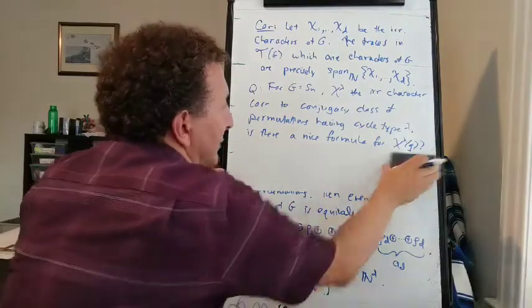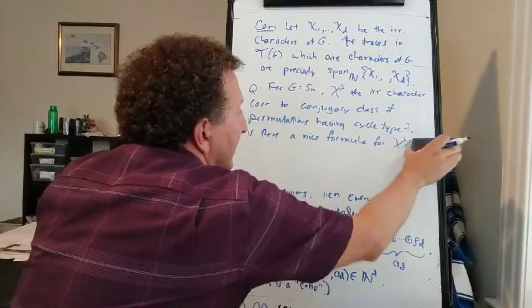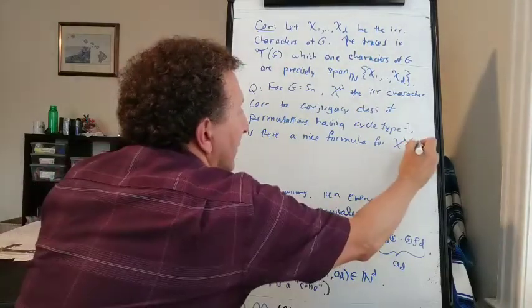Sorry, let's say chi lambda of W because I'm thinking of these elements as permutations.